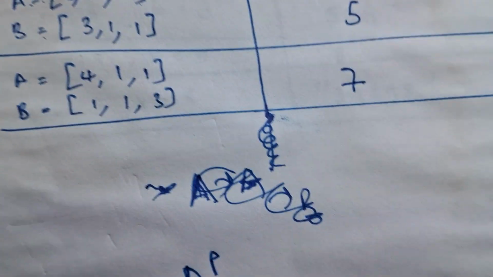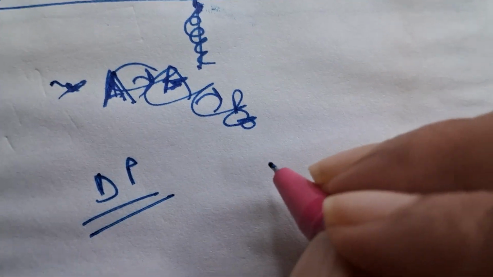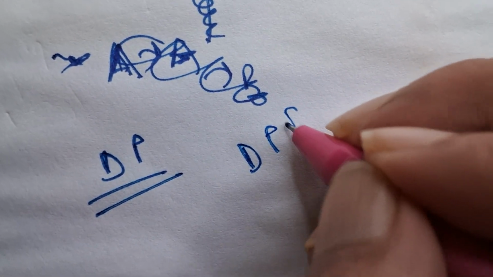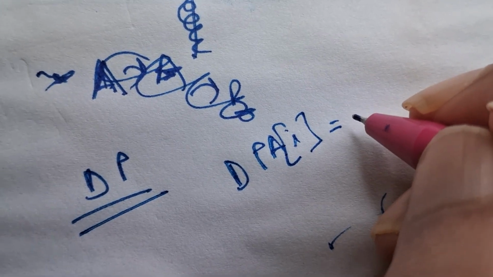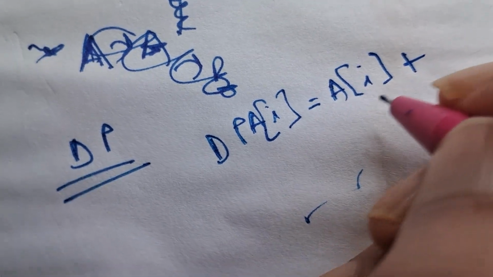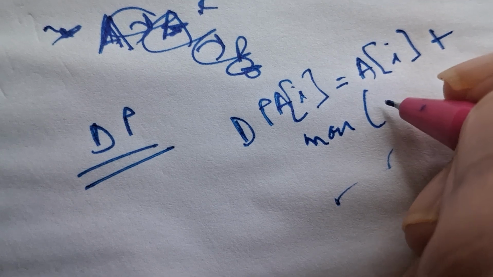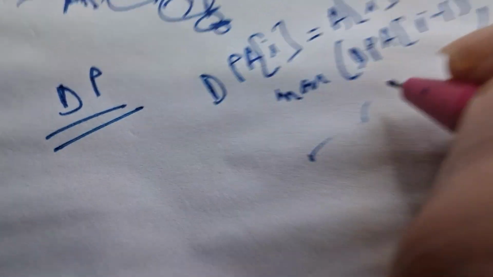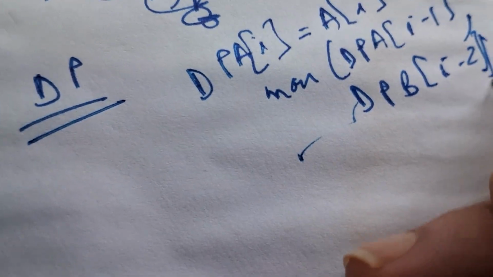So you're given 2 arrays. Let me show what the recursive relation looks like. dpa of I is equal to A of I plus whichever is going to be the maximum, maximum of dpa of I minus 1 or dpb of I minus 2.